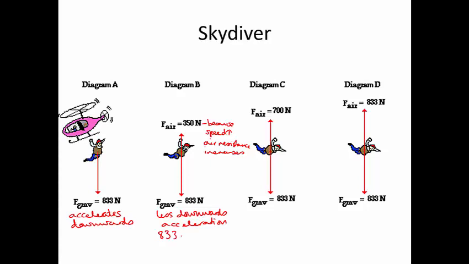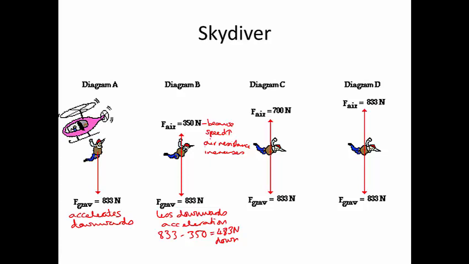And we can work out what exactly the force acting on him is by working out the difference in these two numbers. So 833 minus 350 gives us 483 newtons. So the resultant force is 483 newtons downwards.